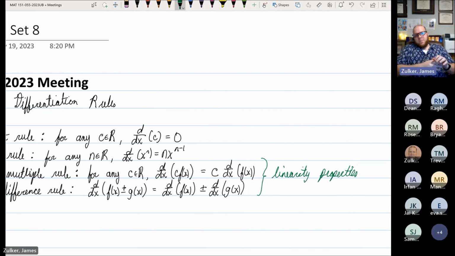What that means is any operator that has these two properties, these two rules, is what's known as linear. So the derivative is linear. If you have to take linear algebra, you're going to see this again.